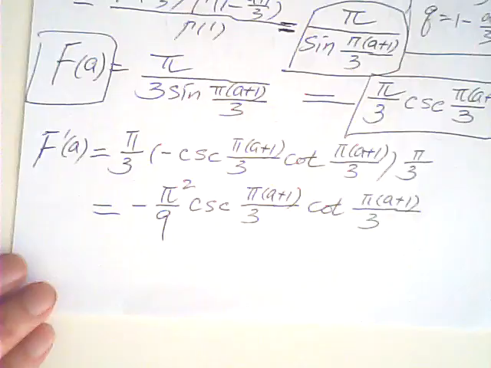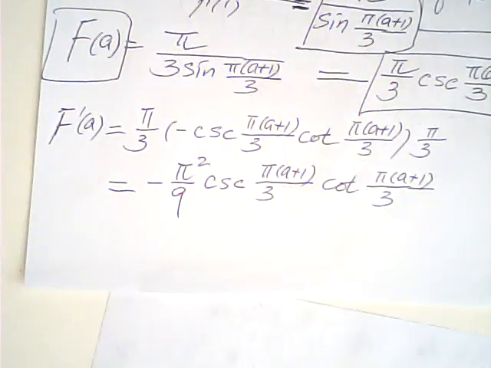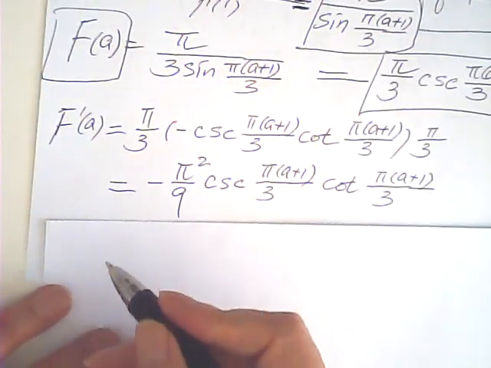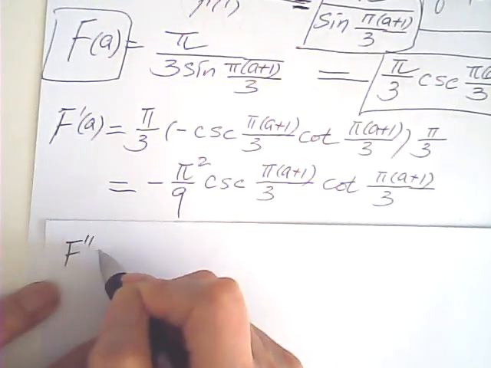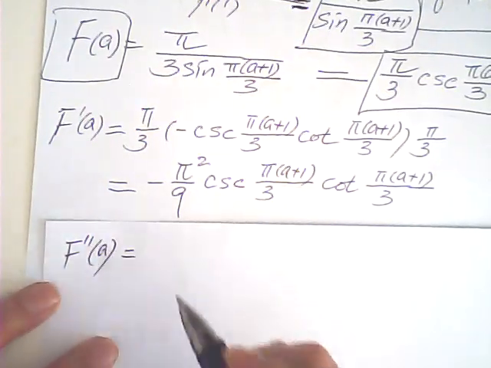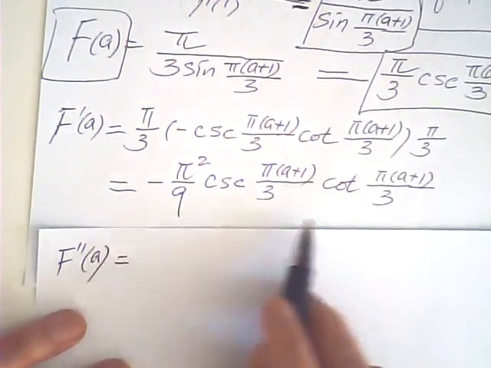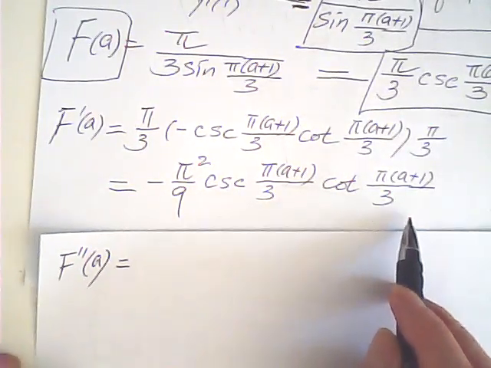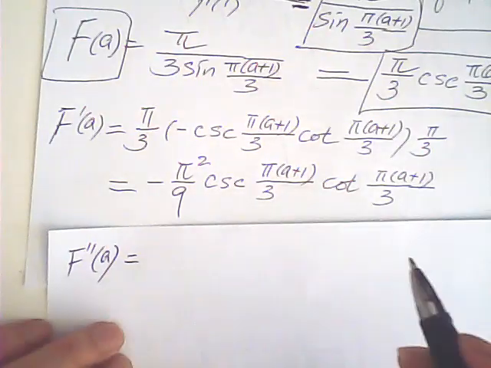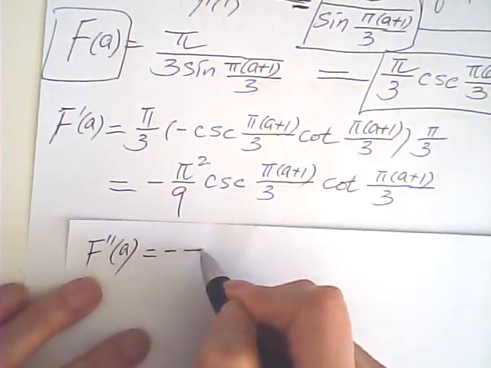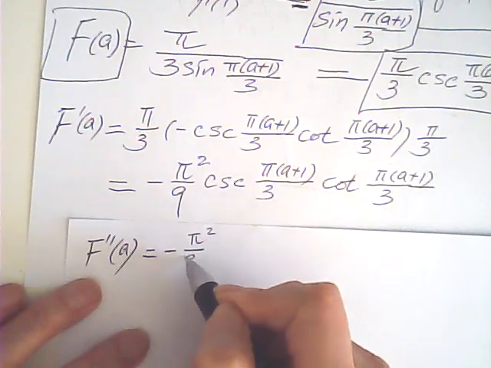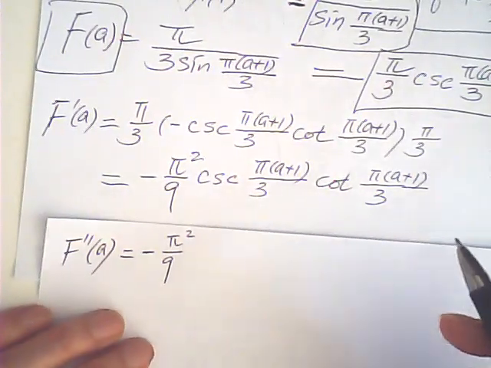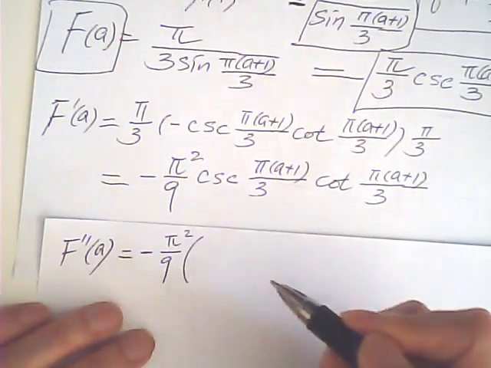Okay, good. Now continue with the second derivative, f double prime of a. We take the derivative of this one with respect to a. This is a product, so we use the product rule.